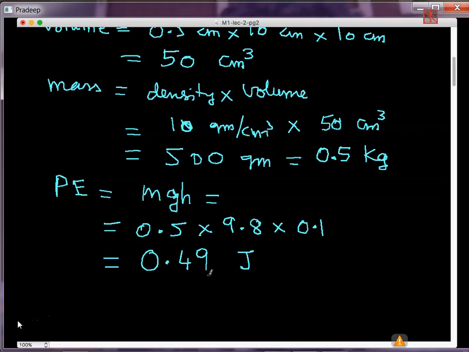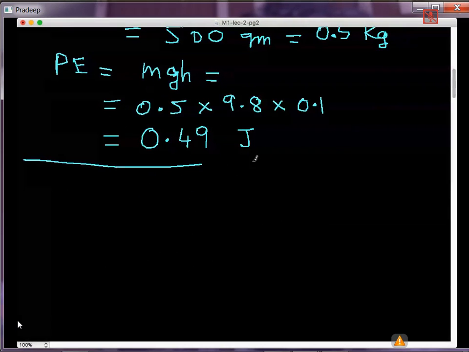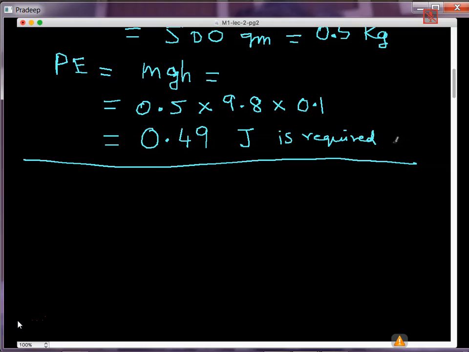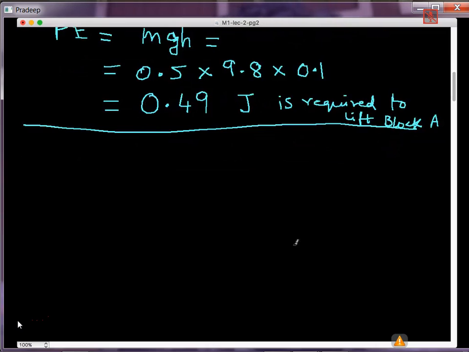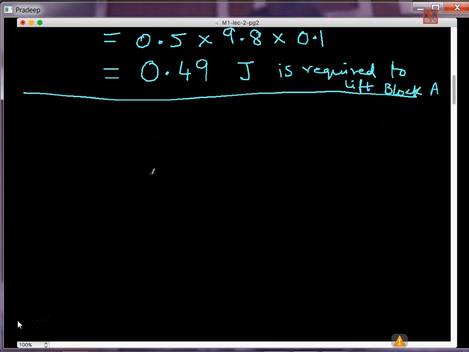So now you connect back all these things required to lift block A. So now if I combine everything, so now this is like the conclusion. So I have a core like this.